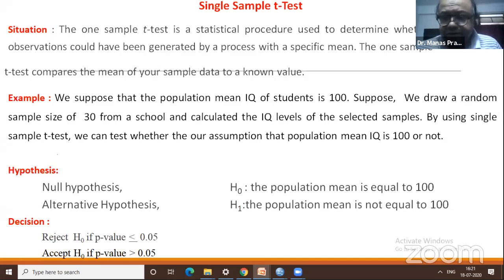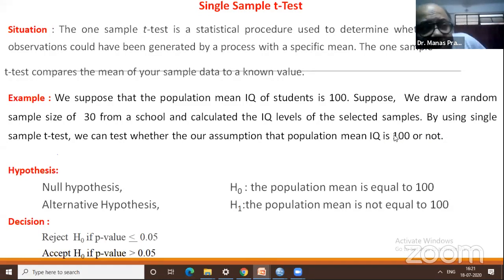Now I know that the mean IQ level of the whole student population is 100. By using the single sample t-test, we can test whether our assumption that the population mean IQ is 100 holds or not.